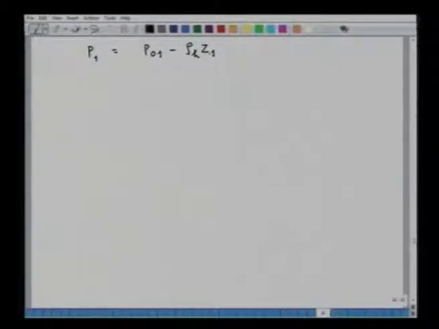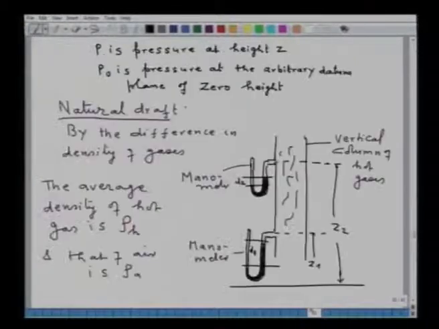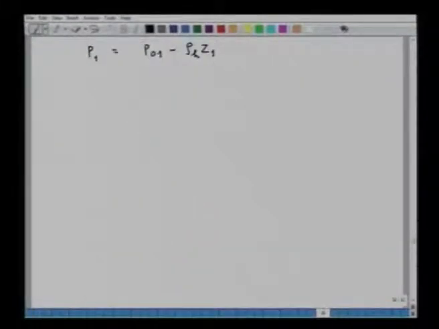That is, the pressure at this particular point will be the absolute pressure at this point plus the pressure of this column. That is what I have written, P01 minus rho h Z1. Similarly, the pressure at point 2, that is P2, will be equal to P02 minus rho h Z2.